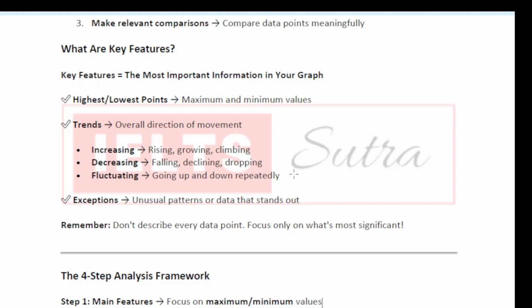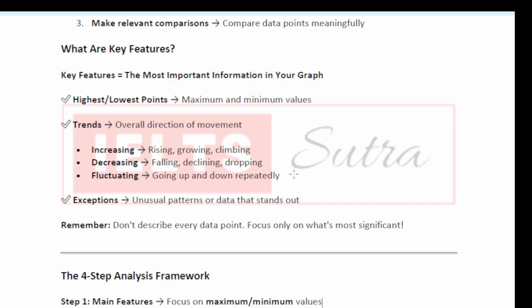Step number two is that you focus on the trends, whether the figure is increasing, decreasing, or fluctuating. It's the most important part when it comes to dynamic charts, especially line graphs. Step number three is exceptions. After the maximum and minimum values and after figuring out the trends, you should always focus on the exceptions. Is there any unique value, or any unusual data points?